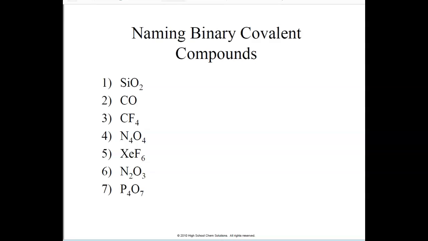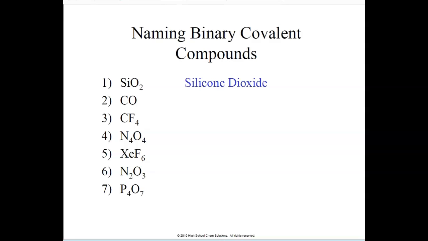Let's take a look at these binary covalent compounds. Binary, again, means just two elements. In this case, I have silicon and oxygen, and these are both nonmetals. I have one silicon and two oxygens, so we would call this silicon dioxide. And you might say, why is it not monosilicon dioxide?